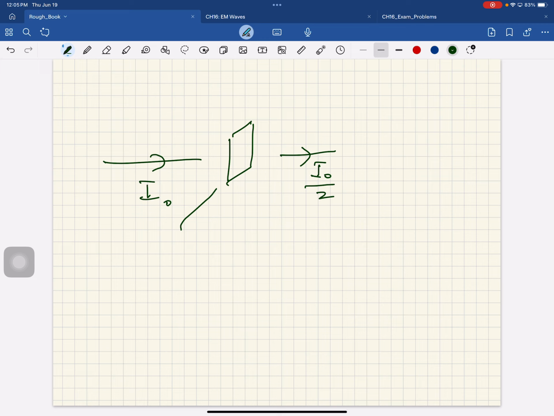So for clear Polaroid glasses, again, the intensity is half. In addition, when light reflects off of the ground or a lake or something, this is the preferred polarization. There's more of this light than this light. So if you're wearing sunglasses, the glare is cut off. If you're in Florida, this polarization is reflected, and you want to cut off that glare, so you wear polarizers that let through this light.